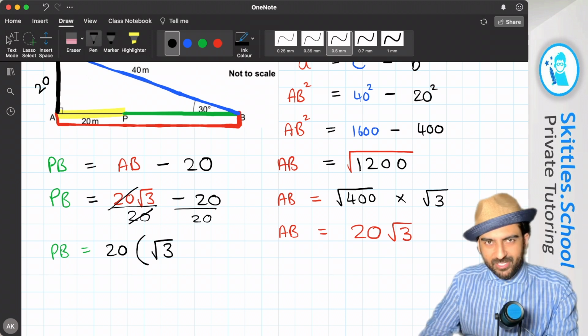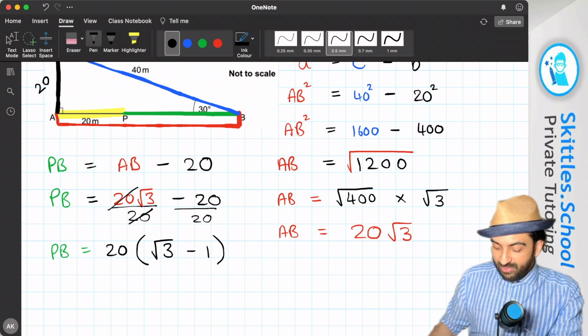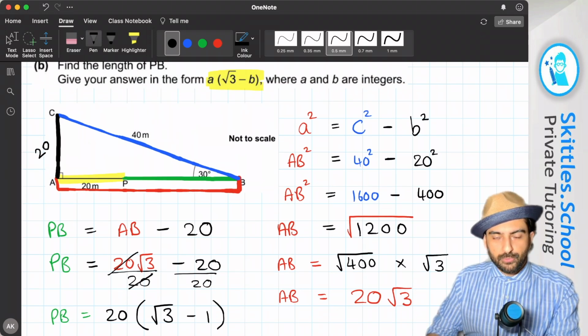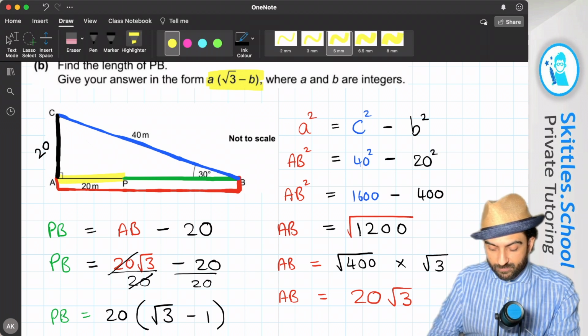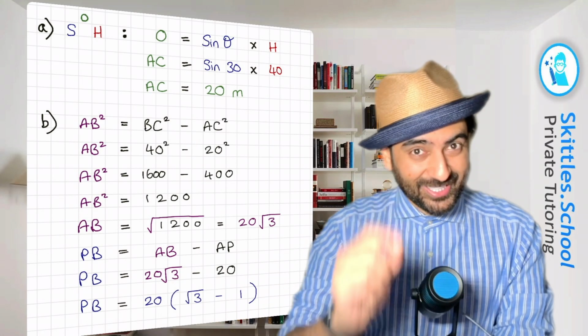And minus 20 divided by 20 is minus 1. And if you notice, that is the same form as the question, a root 3 minus b. And that's the answer. It really is just that easy.